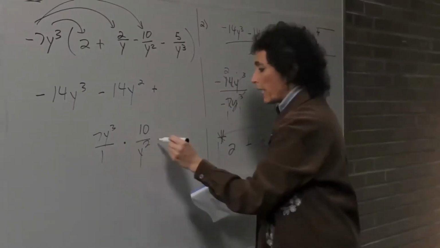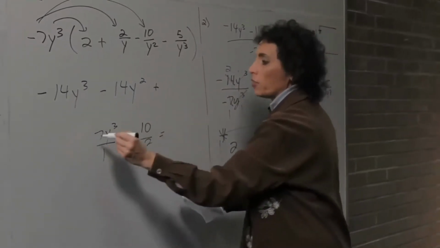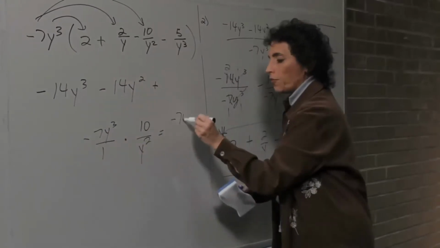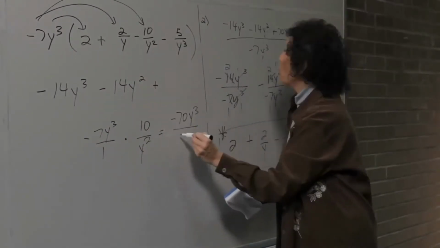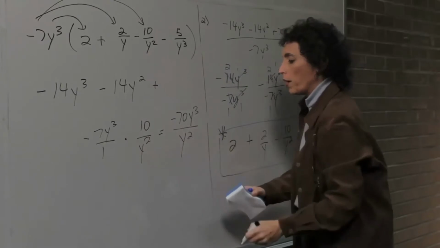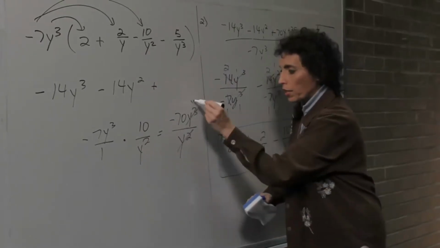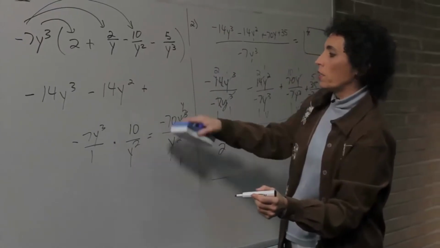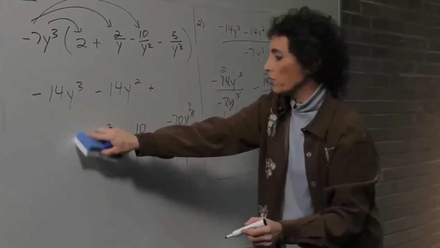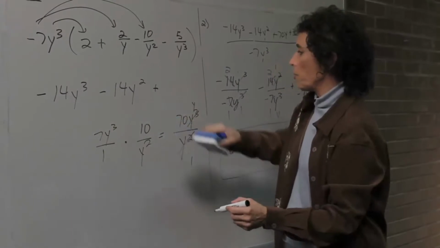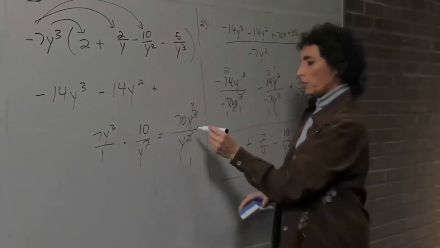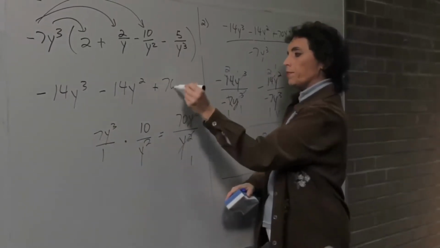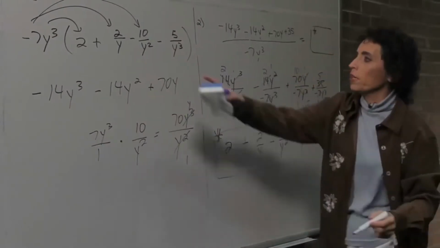And now, again, if you'd rather just multiply across, that would be 70y cubed over y squared, but then I can reduce, and I get a y left up there. Sorry, I said I took care of the sign up there, and then I put it in. Sorry about that. So it's positive 70y.